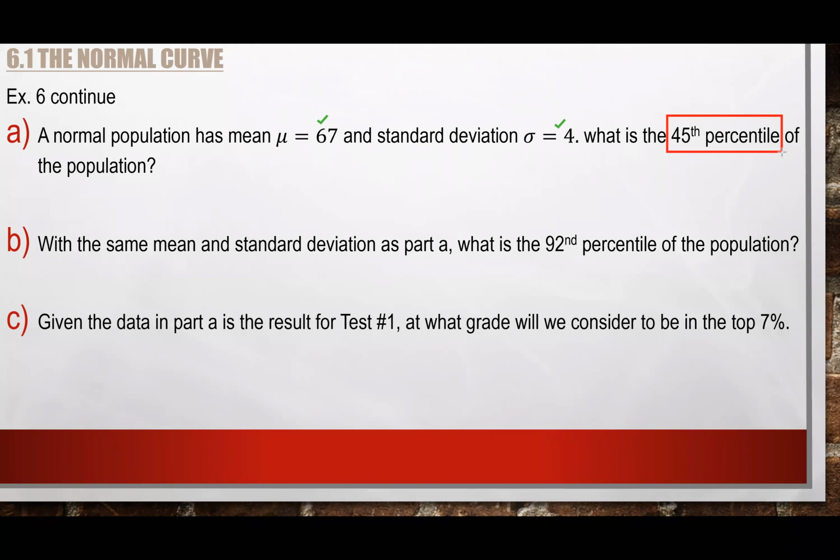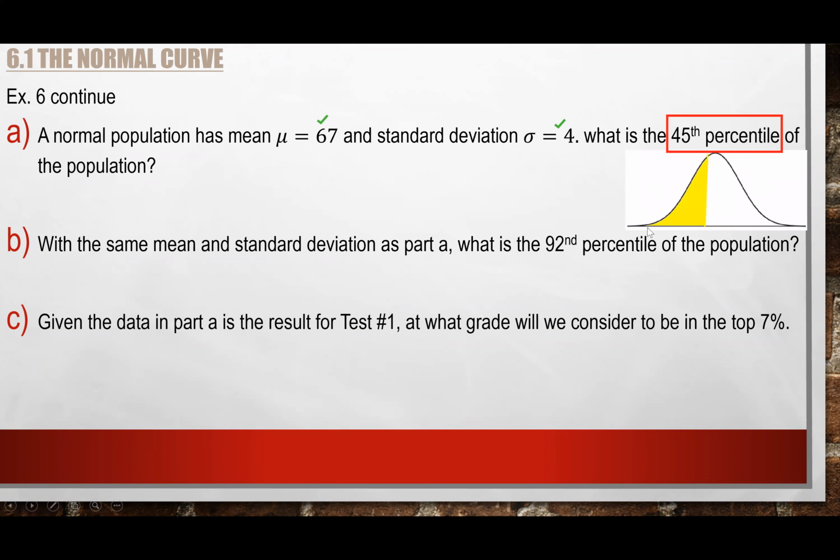Reminder, in chapter 3, the percentile basically tells you that you have your data and you split your data into 99 slices, right? Meaning 100%, but you cut into 99 slices, and each slice is 1 percentile. So in that sense, the 45th percentile is the same concept as finding the percentage from the left to that given value.